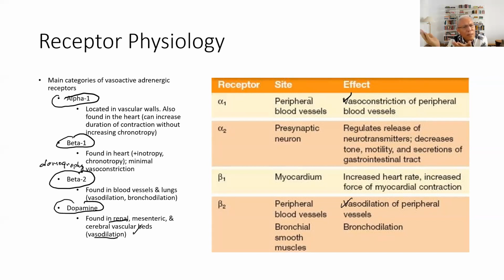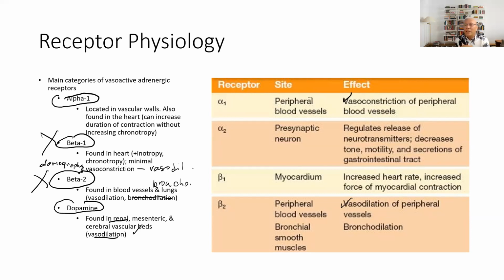So what is the relationship to beta blockers? Well, beta blockers, therefore, are drugs that would block these two. So if you block these two, what's going to happen? You will have vasodilation. And if you block beta-2, you will have bronchoconstriction.